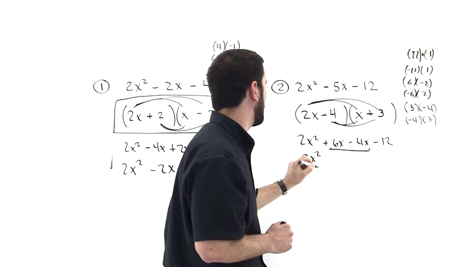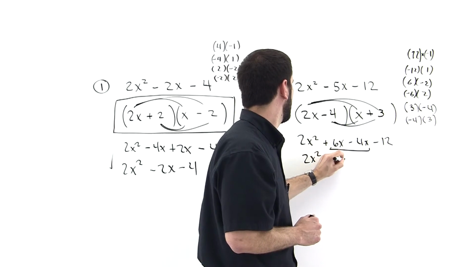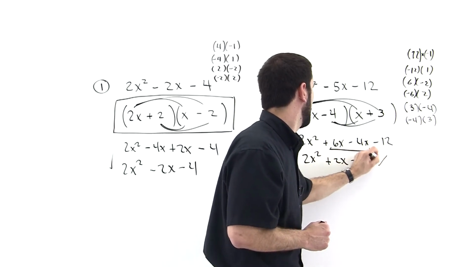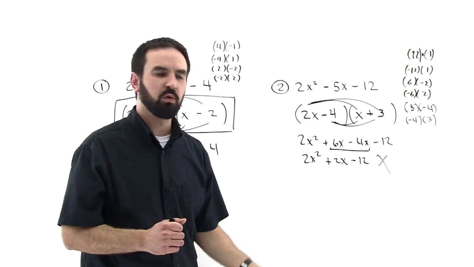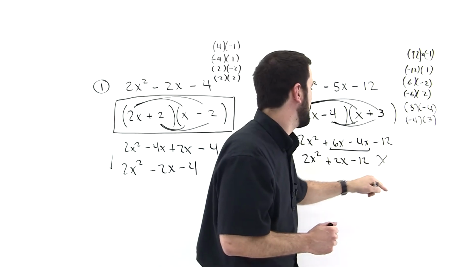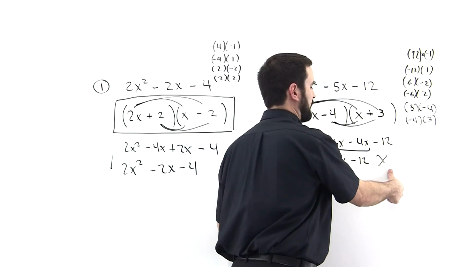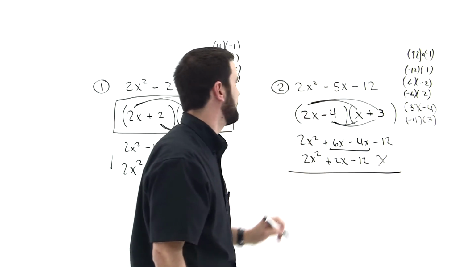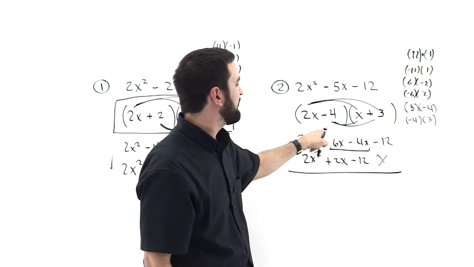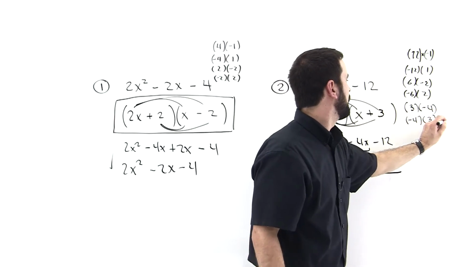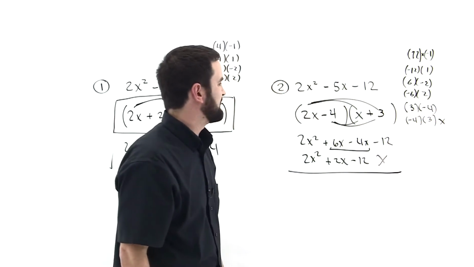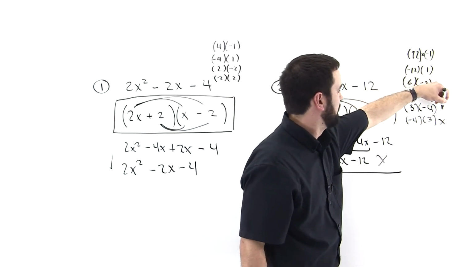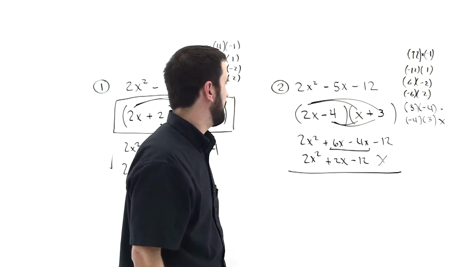So 6x minus 4x is 2x, so positive 2x minus 12. That's not right. Okay, so we didn't get it right. We guessed wrong. We picked the two numbers that were closest together because that was the highest probability, and we just move on to the next possibility, right? So we picked -4, +3, and we know that we've eliminated that as a possibility. So let's pick this one right here and see if that one works.